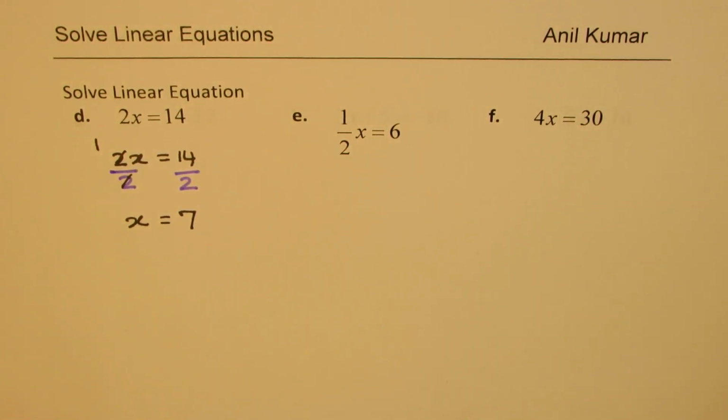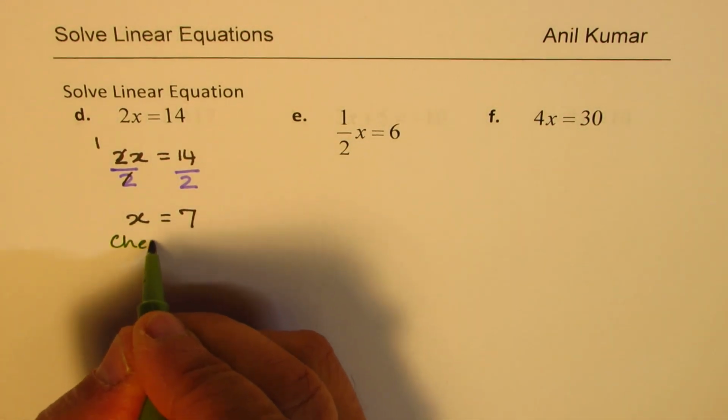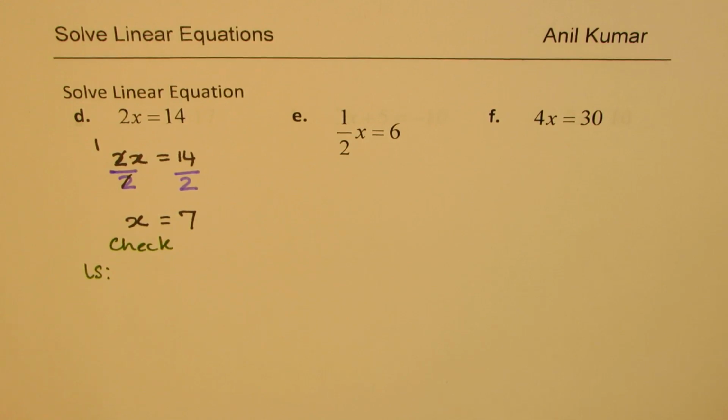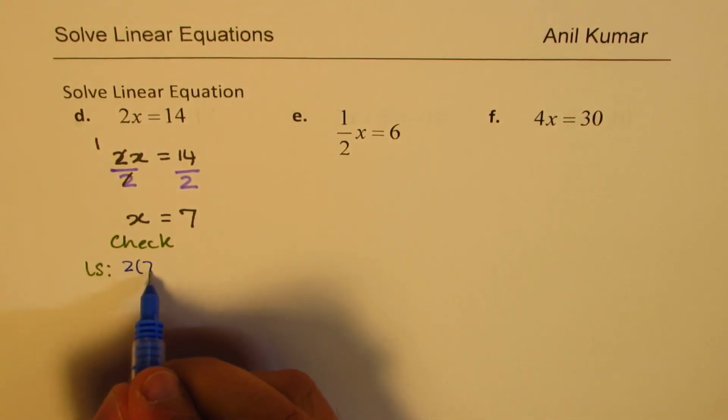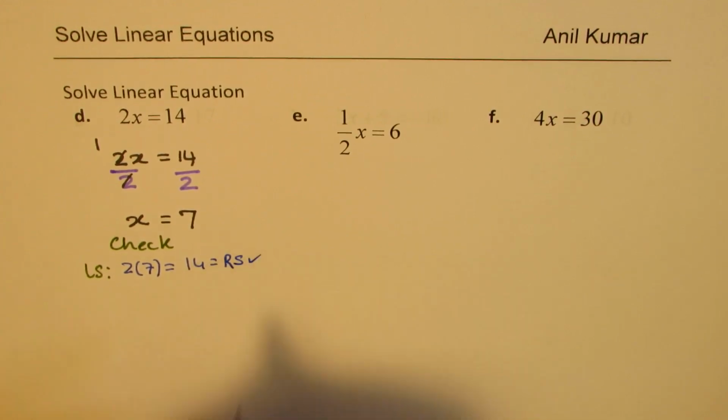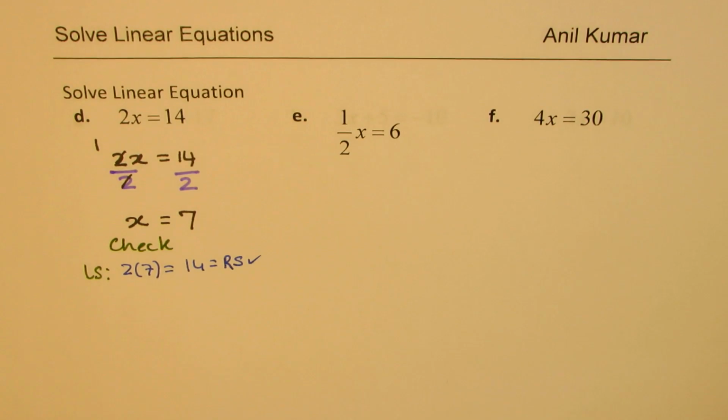Right? So now you can check this solution. If you want to check it, then the left side is basically equal to 2 times 7, which is 14, same as the right side. So it is correct answer. You get the idea. So this is again a single step solution, right?